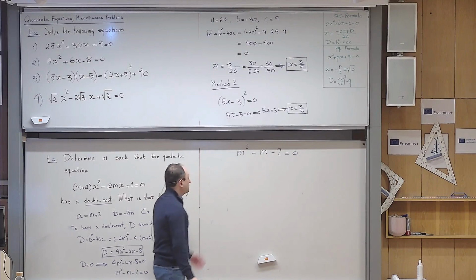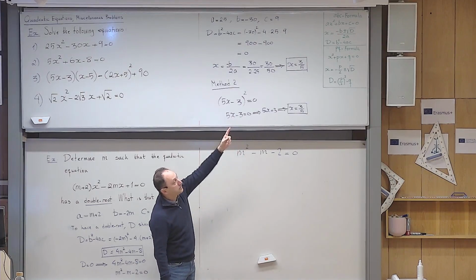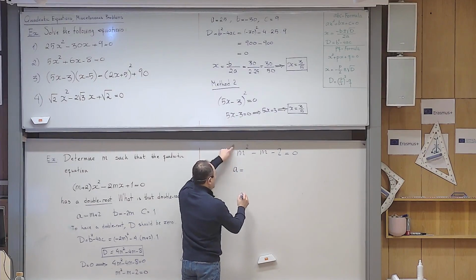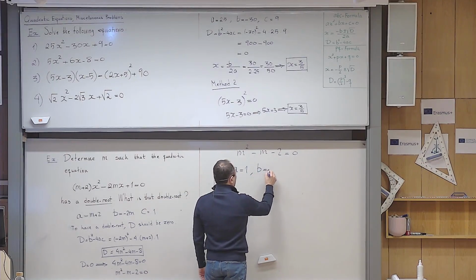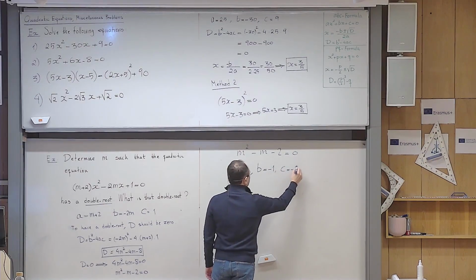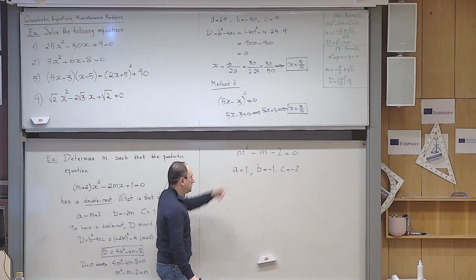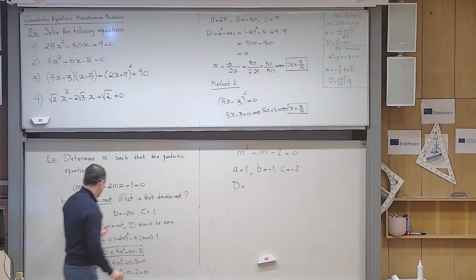Okay, can you see that this is also a quadratic equation? Yes, but m is playing the role of x. So what is a in this problem now? 1. What is b in this problem? Minus 1. What is c in this problem? Minus 2. You can use the PQ formula as well because a is 1. But let us do the d. Don't get confused. This d is not the original d.